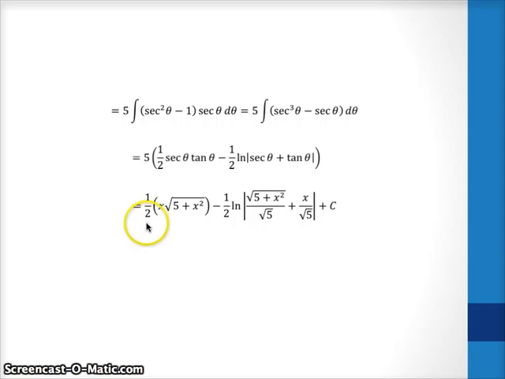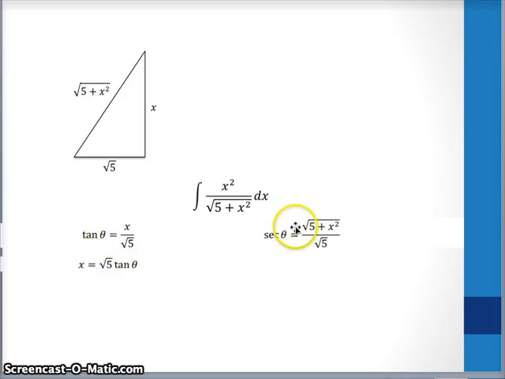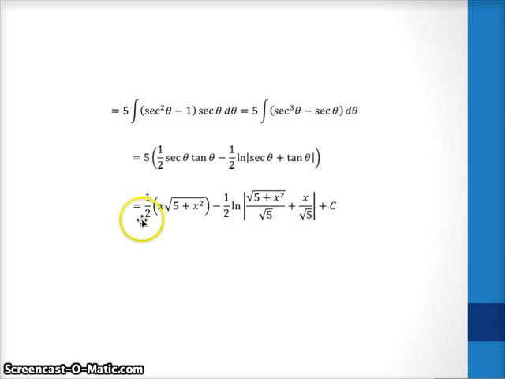And then if you substitute back in what you got for tangent theta and what you got for secant theta, see, I told you you need secant theta, you get 1/2 times x times the square root of 5 plus x squared over 5 minus 1/2 times the natural log of the absolute value of square root of 5 plus x squared over square root of 5 plus x over square root of 5, plus c.